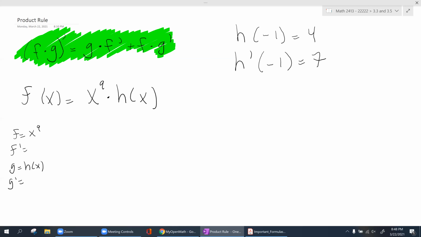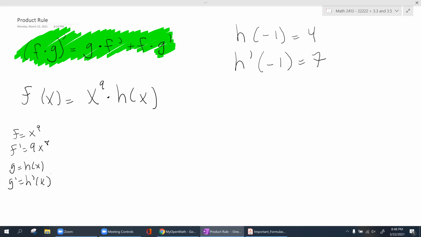You'll see how it all comes together. Do not mistake this f for that function there. So f prime is going to be 9x to the 8th. For h of x, if it's just a term like that, I know the derivative is just h prime of x. All I'm doing is taking the derivative, therefore just writing the tick.